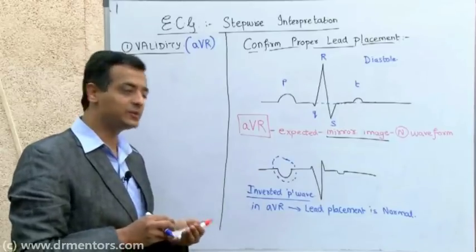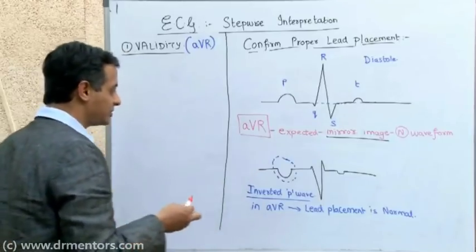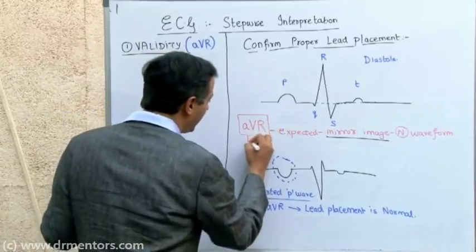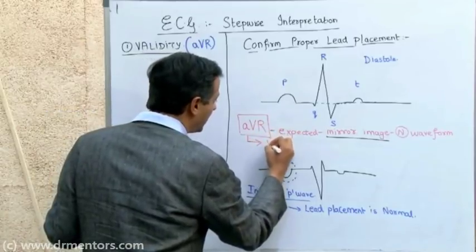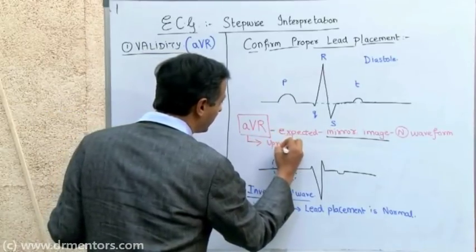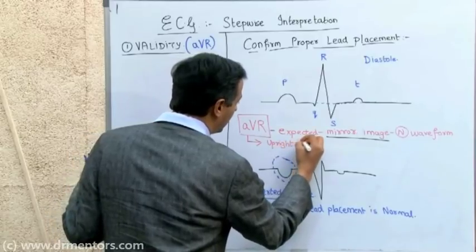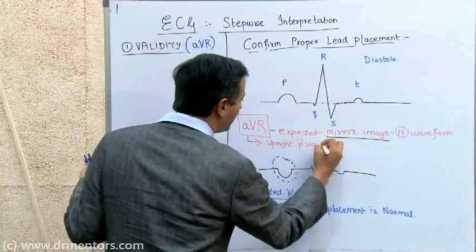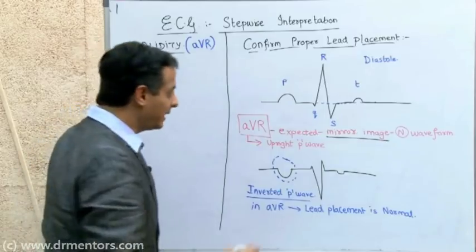What is the exception? The other side of the story: if in lead AVR you get upright P wave, what does that indicate?